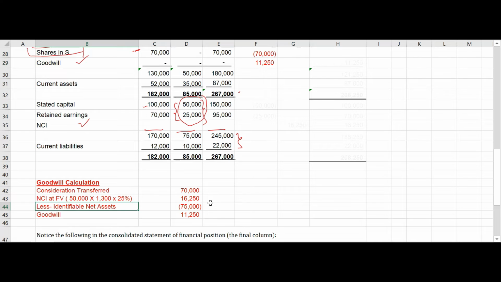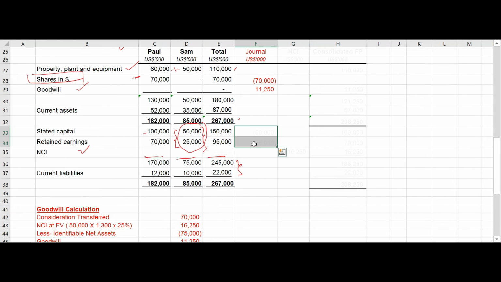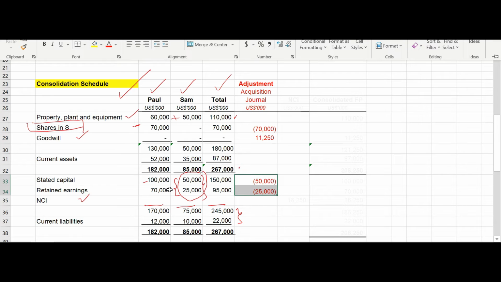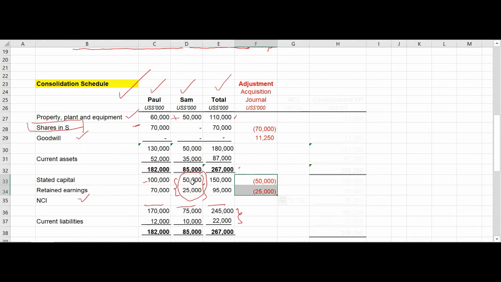So we need to remove it from the net assets of SAM company. So 50,000 has to be removed, 25,000 also has to be removed. So therefore, when you take the consolidated financial position, the investment made by parent company will not be part of the consolidated financial position because the group does not have any investment. It will not form part of the group financial position.